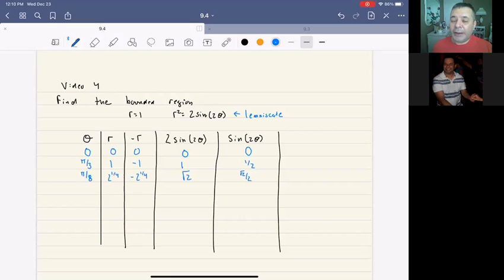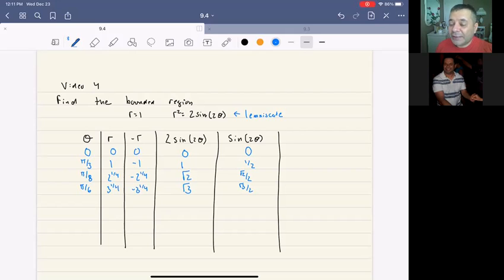Half of that is pi over 6. 2 times sine, or sine of pi over 3. Sine of pi over 3 is root 3 over 2. So this is going to be root 3. 3 to the 1/4, negative 3 to the 1/4.